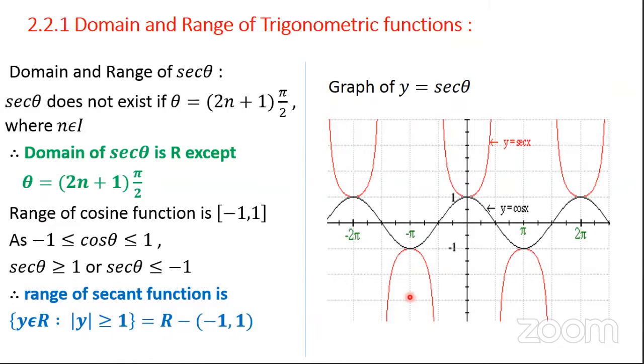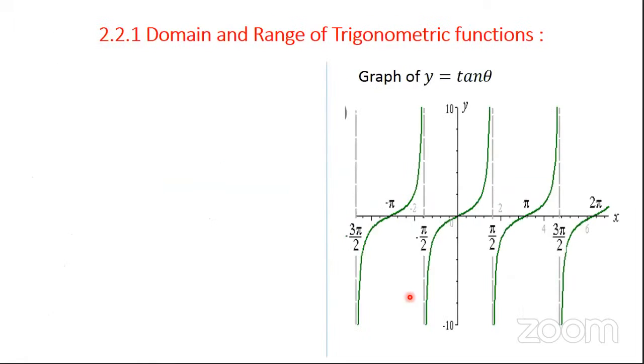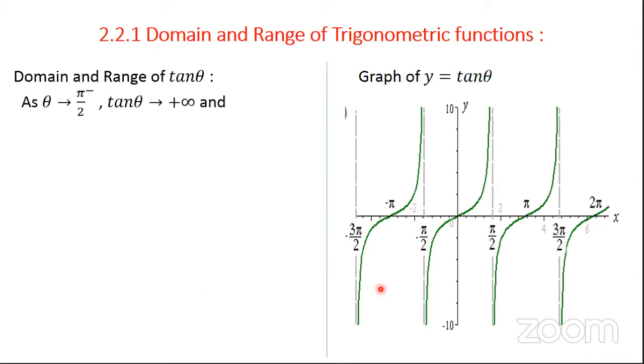Now go with the next function, that is tan theta. Now see the domain and range of tan theta. If theta tends to 90 degrees, then tan theta tends to plus infinity, and then it goes to minus infinity.